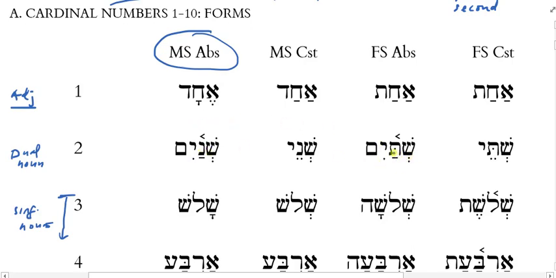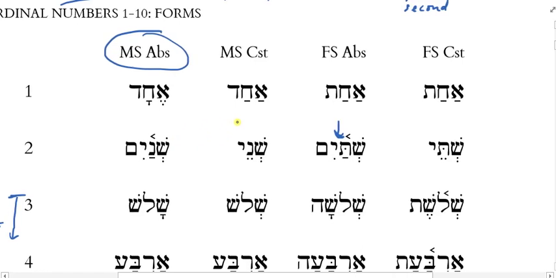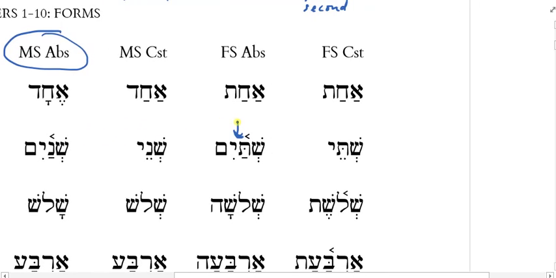Shenayim, shtayim. What's happened here? Well, I have a tav that has shown up here to mark this as feminine, whereas the nun of the masculine form is visible in this one. It's like, if I can remind you, you've learned the word for son. It's ben. That's masculine.